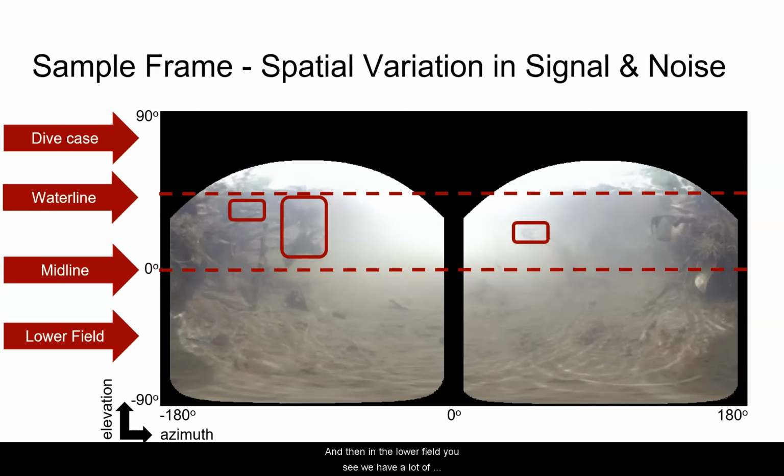And then in the lower field, you see we have a lot of really good texture from the floor, but we also have these sunlight patterns called caustics, and they create false motion signals as they move across the scene. So at different elevations in the aquatic environment, we have unique systematic advantages and challenges in the visual cues available. And the first way that we're going to quantify this is to consider where the texture information is located across these scenes.